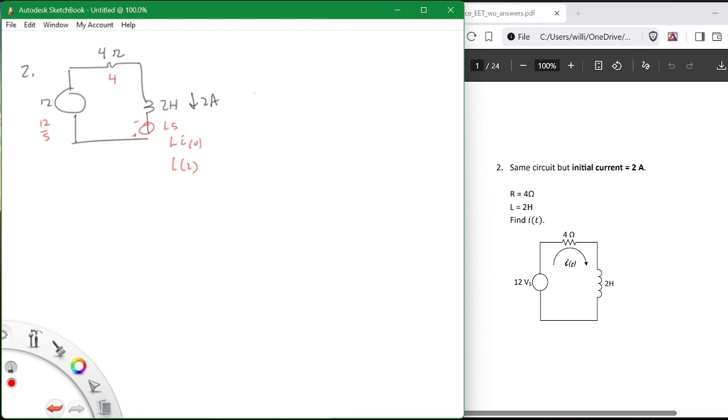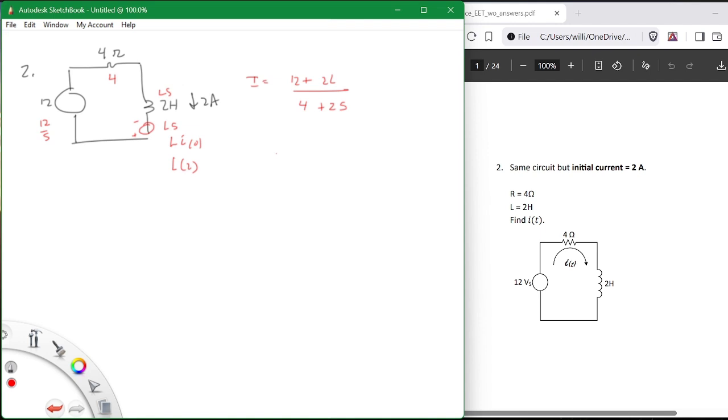That's another voltage supply. So now I is equal to 12 plus 2L, that's our V, over our R, which is 4, plus LS, plus 2S.